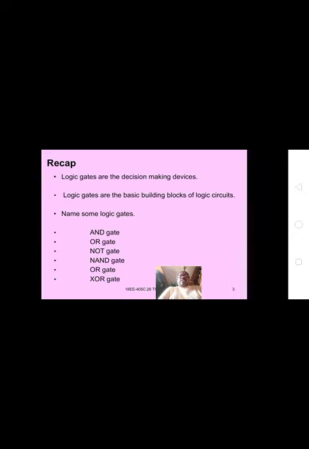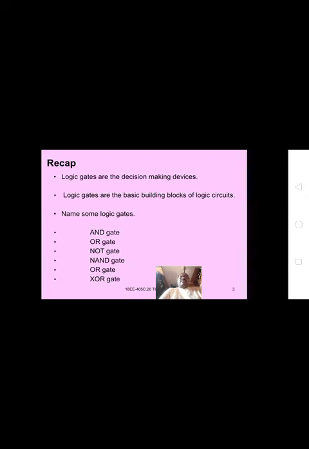Here we also have special gates, XOR gate and XNOR gate. These are the basic building blocks for the logic circuits. Once again I am repeating: AND gate, OR gate, NOT gate are the basic logic gates. By these we can generate any type of gate.